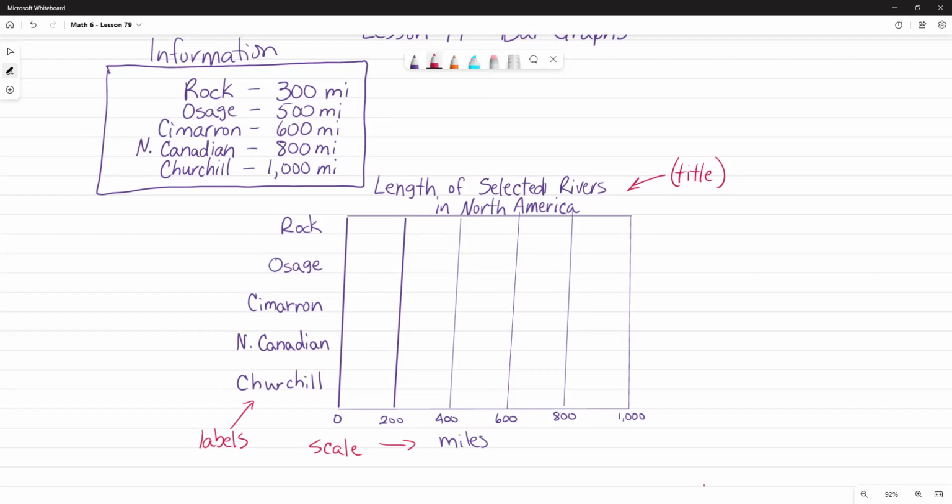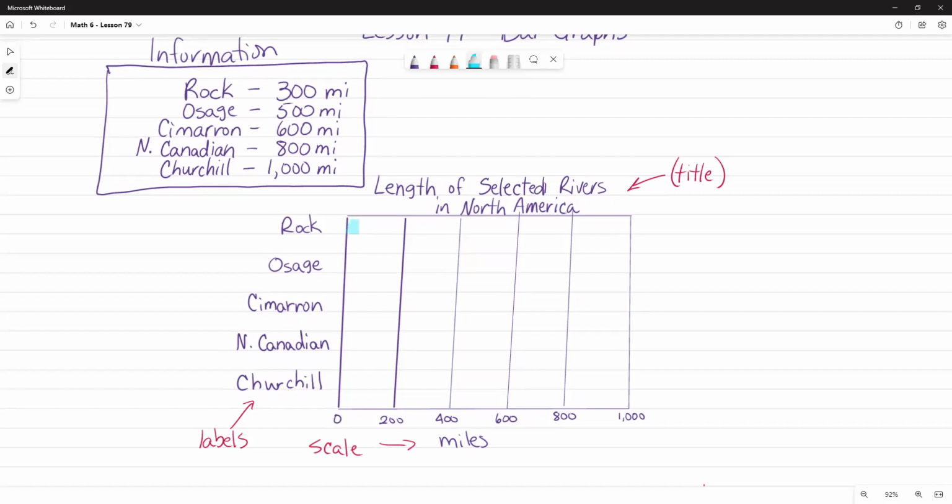Okay, so now we want to graph them. In class, I give them rulers if they want to draw a nice straight line. But this one, I'm just going to use, or you can use a highlighter if you have one. I'm going to start with the Rock River. It is 300 miles long. Now my scale is every 200 miles, but I know that 300 is dead center between 200 and 400.